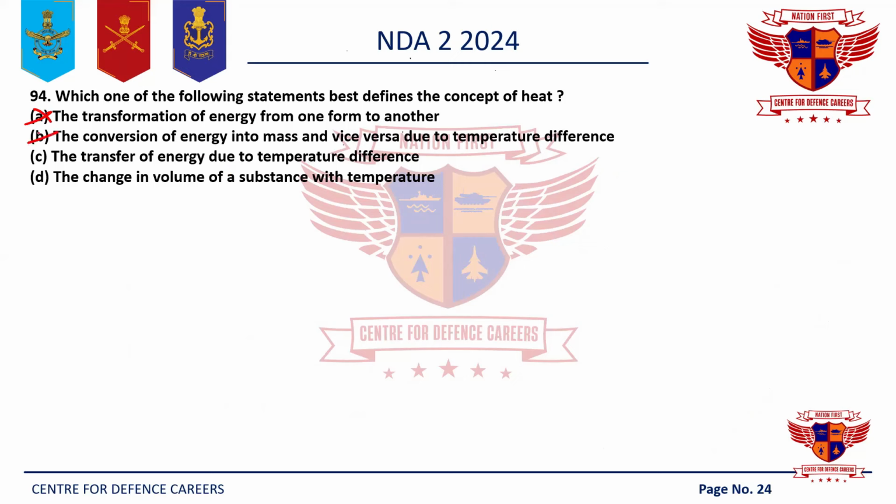This is Einstein's formula, not based on heat. So let's eliminate this option also. We have option C, the transfer of heat due to temperature difference. Yes, this is the correct option. Now let's look at option D and understand why it is wrong. In the option, we have change in volume. Volume doesn't change. So option D is also eliminated. The correct answer will be option C.